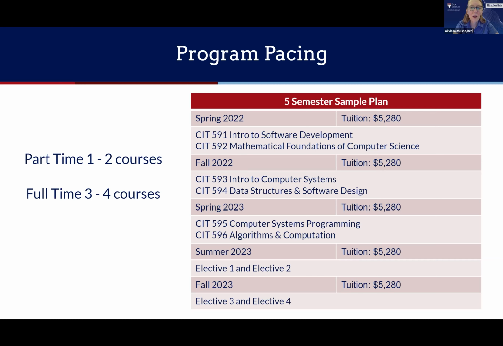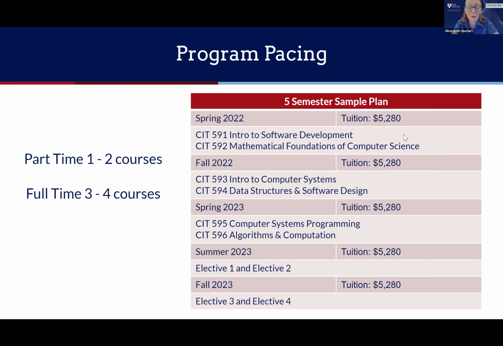And then in terms of how the payment goes, the tuition is paid based on the number of courses that you take each semester. In this plan, the person is taking 2 courses in spring 2022, so they would pay 2 times the tuition and fees. The total you can see here would be $5,280.